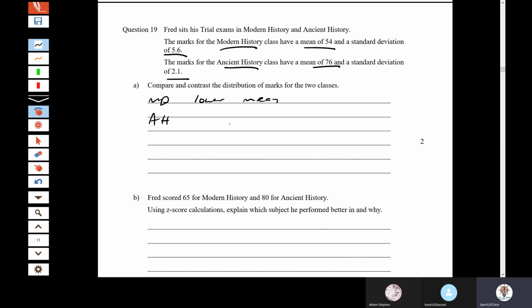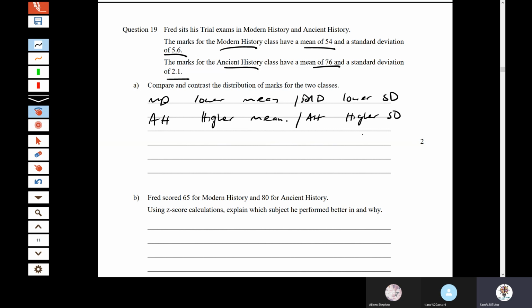Ancient history, higher mean. Obviously. Modern history, lower standard deviation. Ancient history, higher standard deviation. 1 mark for that.